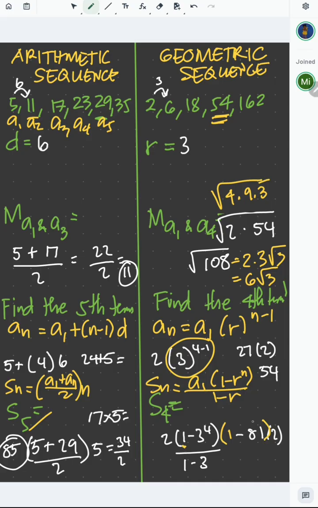So 1 minus 81, that is negative 80, right?